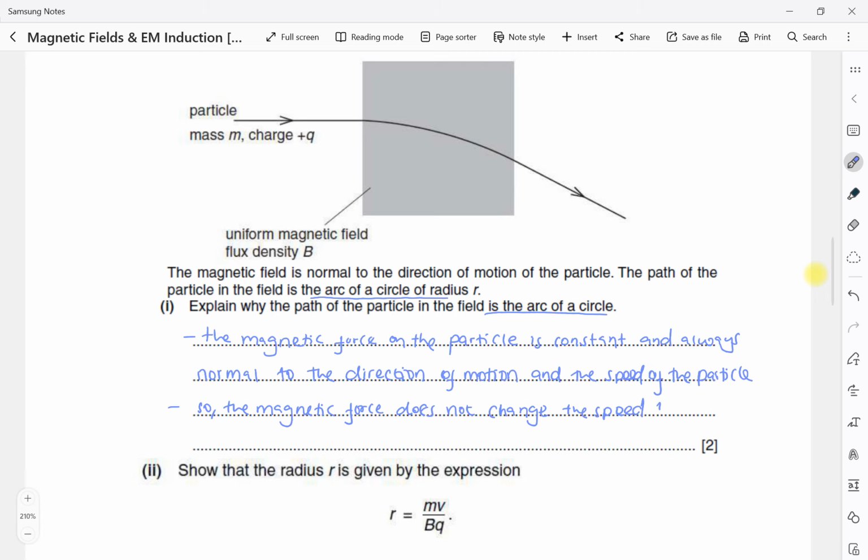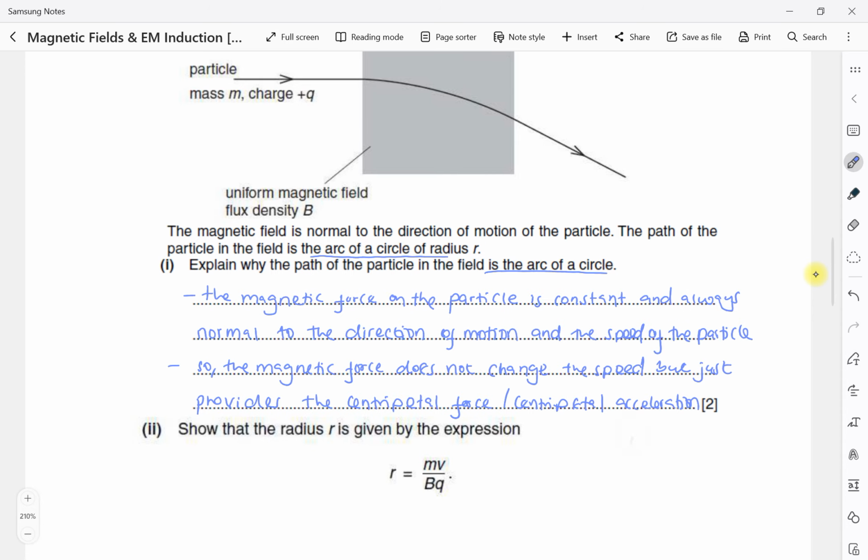It does not change the speed, but just provides the centripetal force, or the centripetal acceleration.